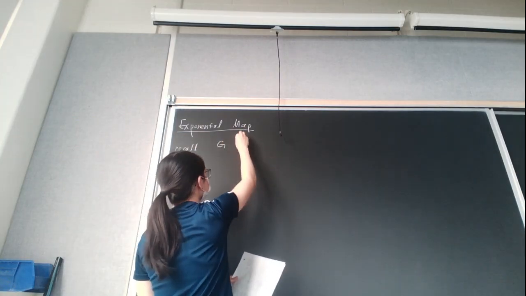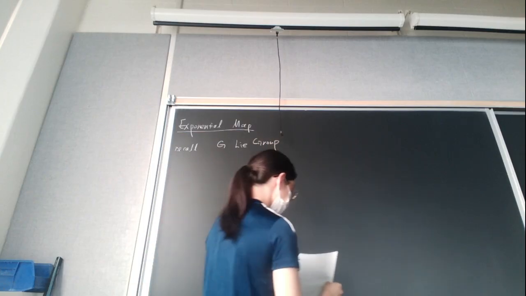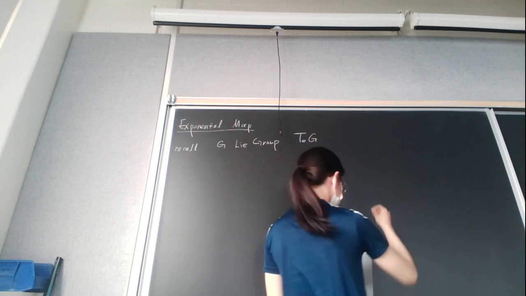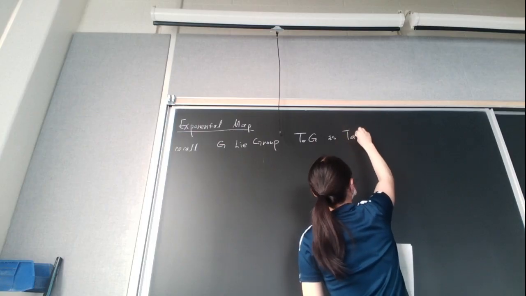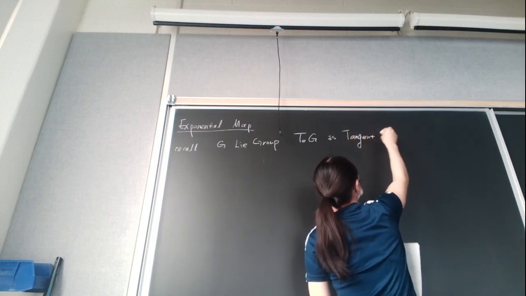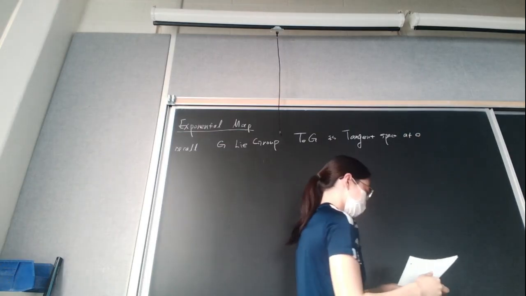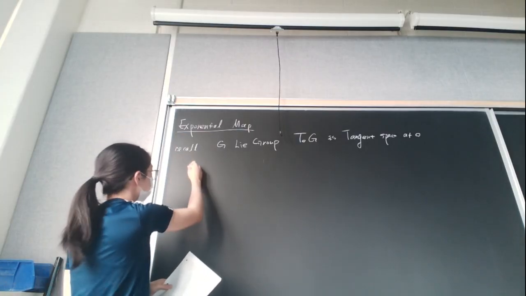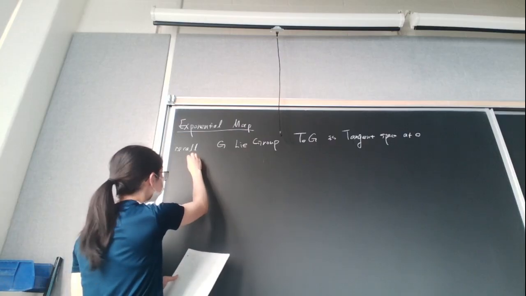Recall, let G be a Lie group. T_e G is the tangent space at e. And this tangent space of the Lie group, with the Lie bracket, is a Lie algebra.